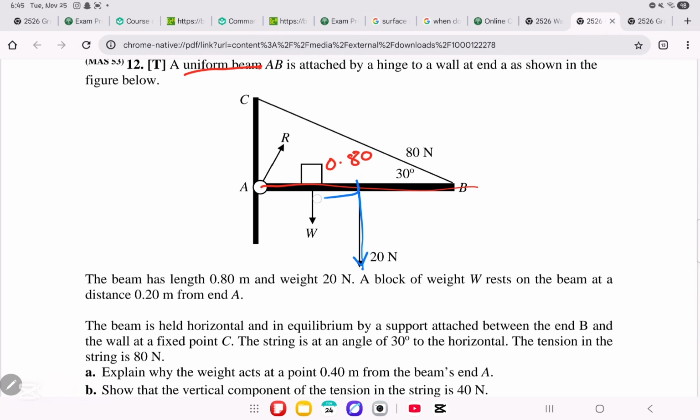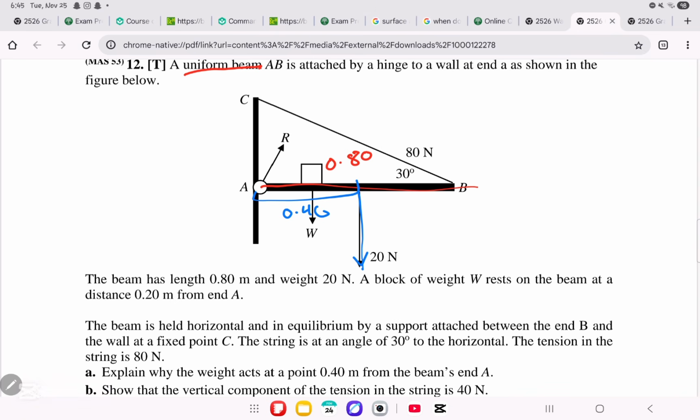So this will leave how much for us here? It will leave for us 0.40 meters from A. How did they explain it? They explained it by saying the beam is said to be uniform, thus its center of gravity is at its geometric center. The center of gravity is a point from which the force of the weight acts on the object. That's all you need to say and you will get the point.